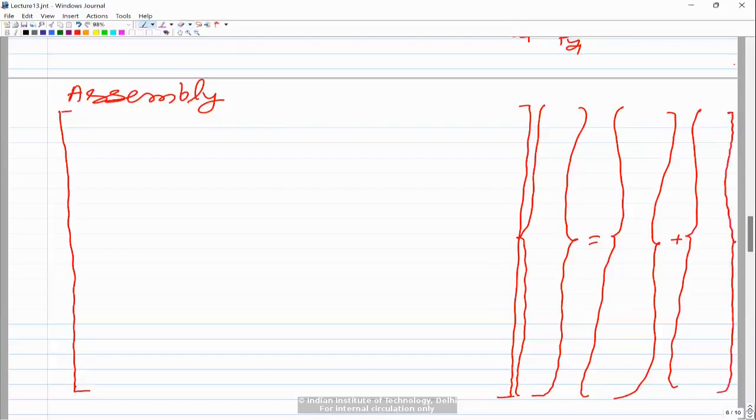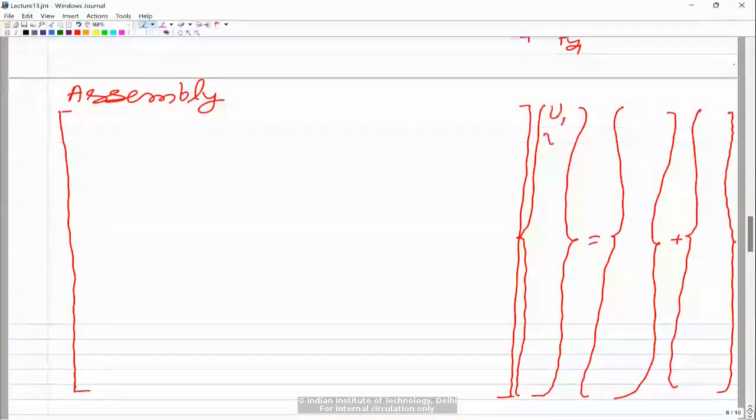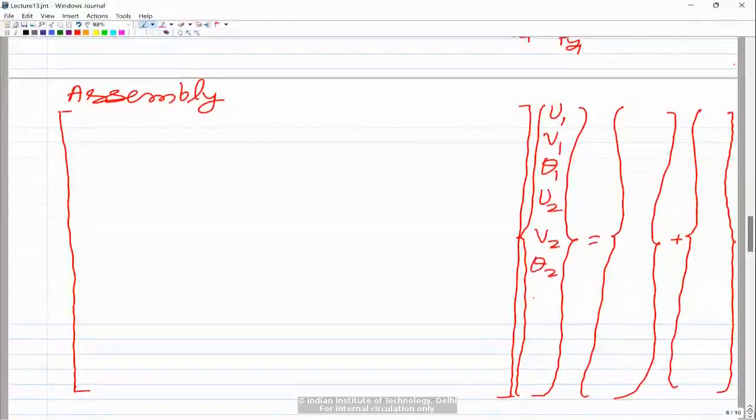So now if you look at degrees of freedom in terms of the global nodes, it would be u1 v1 theta 1 for the first node in terms of the global coordinate axes. Then you will have u2 v2 theta 2 for the second node, and then u3 v3 and theta 3 for the third node. So these are the degrees of freedom.